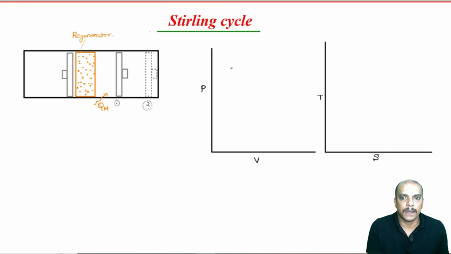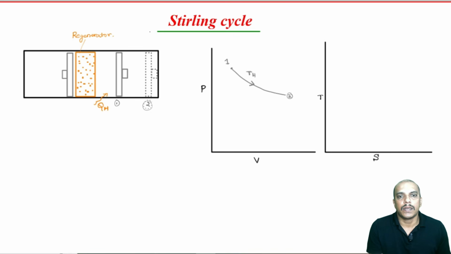Let us say initially the volume was here and pressure is here, and we will have pressure dropped and volume increased, and it is happening in a way that it is constant temperature. So, in a PV diagram, constant temperature process would look like this. And we also know that the temperature at which we are operating, we call it the higher temperature. So, this is T suffix H, 1 to 2.